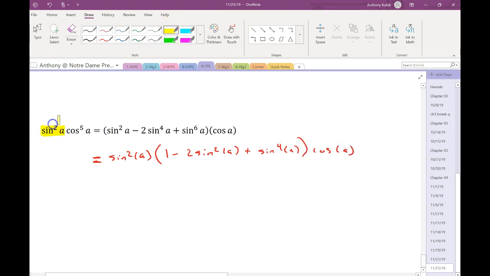So we made the observation here that now we have the sine squared part. Everybody agree with that? And we have a cosine already, so somehow this part is going to have to turn into cosine to the fourth. Everybody agree with that? Okay.